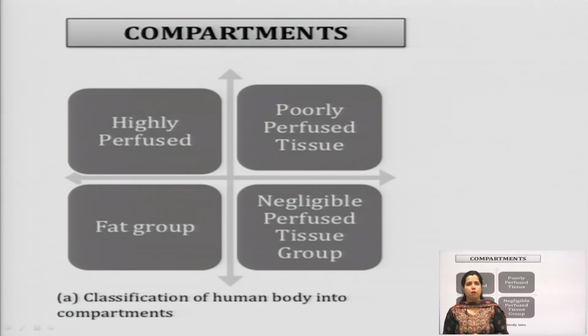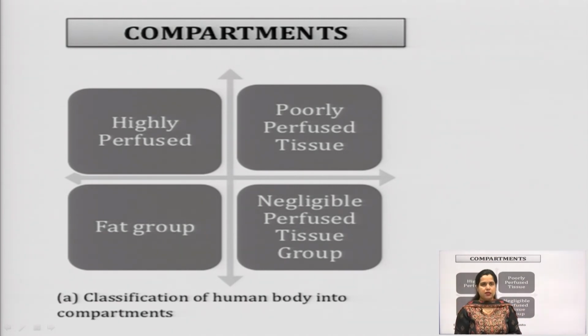So, you see the compartments are divided into highly perfused area or compartment, poorly perfused tissue, fat group, negligible perfused tissue group. So, classification of the human body into compartments. So, the human body is basically divided into four groups, like the compartments or organs which are highly perfused and have good flow, vascularity, whereas some areas and organs are poorly perfused tissue, fat group, negligible perfused tissue group.